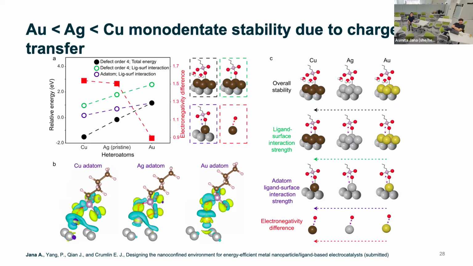The highest charge transfer with a copper adatom means that the bond is much stronger, which means you need to put in a lot more energy to break the ligand away from the surface and form the non-dented structure. In gold, it is much easier to break that bond and form the non-dented structure. So that ends up encapsulating our surface defects phenomena. Gold doping is better because it decreases the charge transfer.